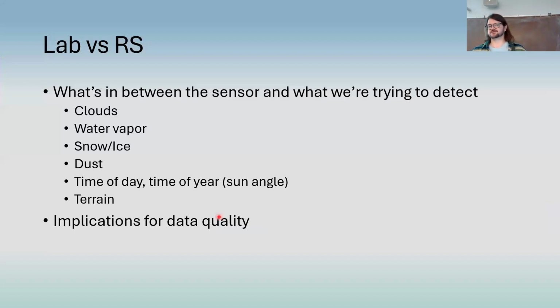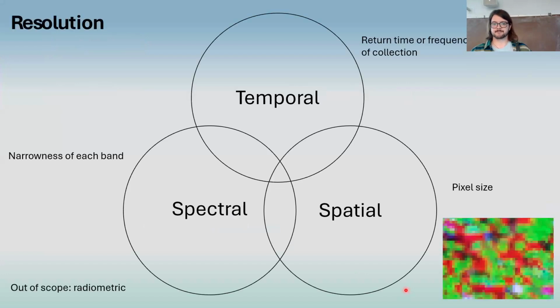In addition to all that comes with measuring vegetation, when we move away from the subject, there are a number of other things we have to consider with our data, and those include clouds, snow and ice, time of day, and time of year, and all of this has implications on data quality and what we can do with an analysis. So three major concepts are temporal resolution, spectral resolution, and spatial resolution.